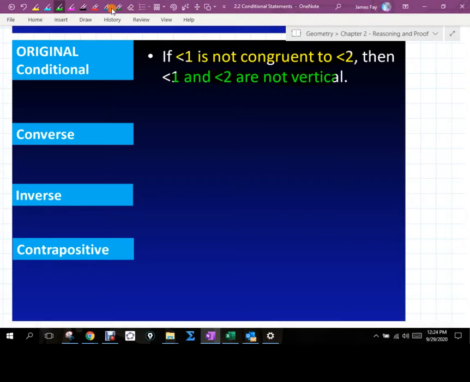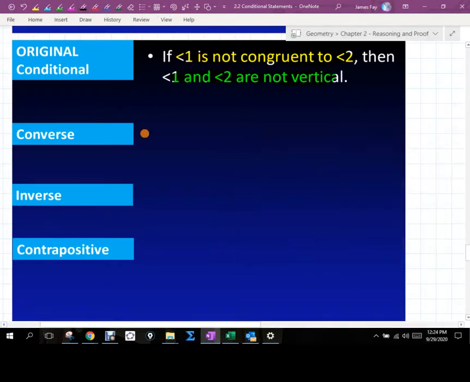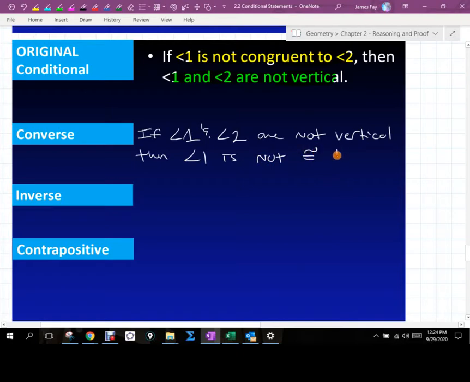When I write my converse, I'm just flipping the yellow and the green. The converse says if angle 1 and angle 2 are not vertical, then angle 1 is not congruent to angle 2. Still struggling answering that. Not certain.